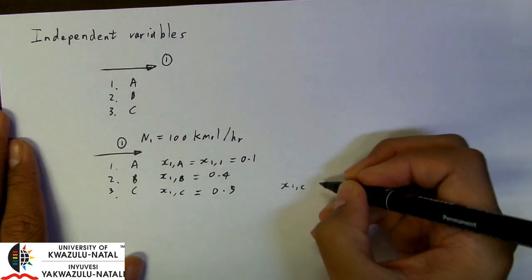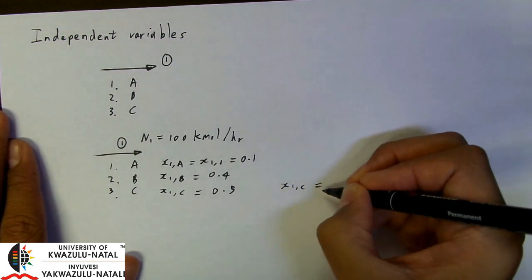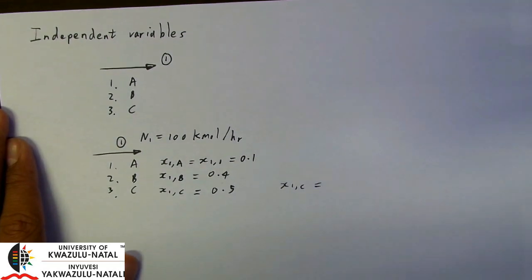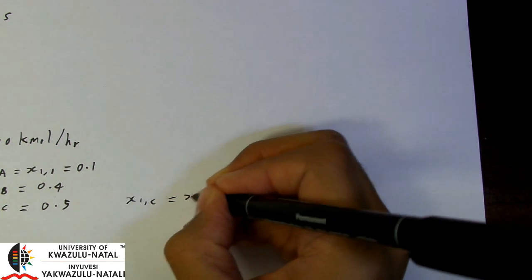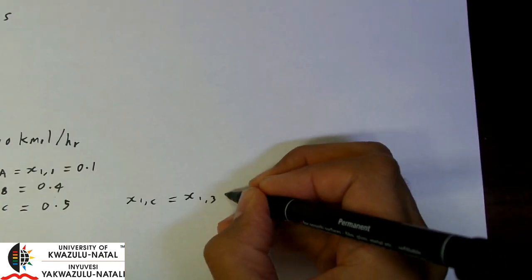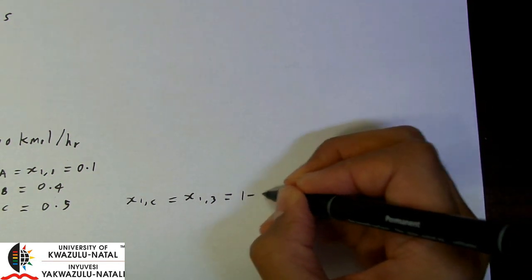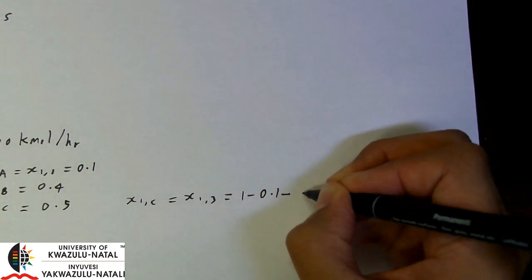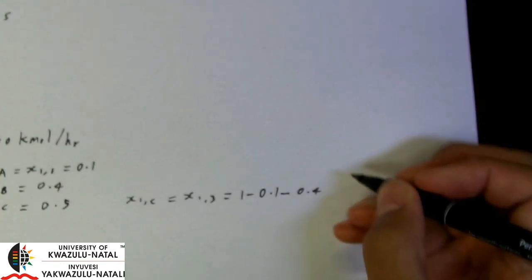We could say that X1C, which is of course X13 if I'm numbering them, is equal to 1 minus 0.1 minus 0.4.